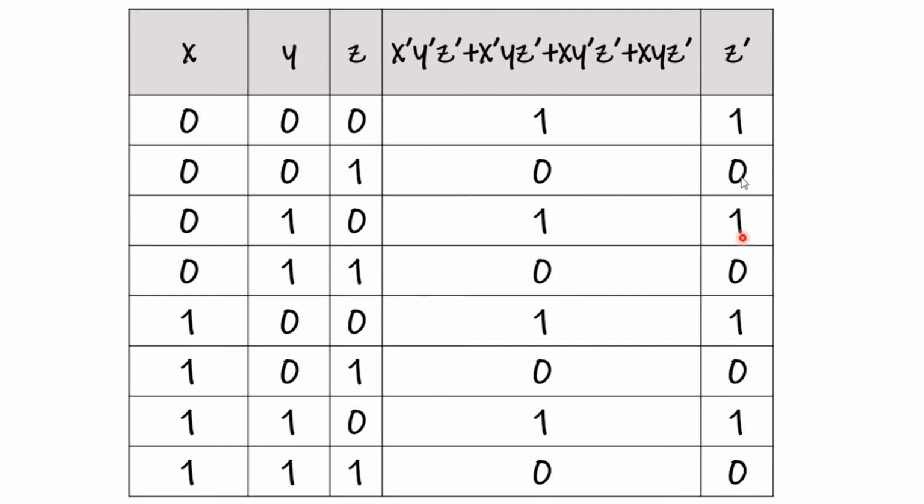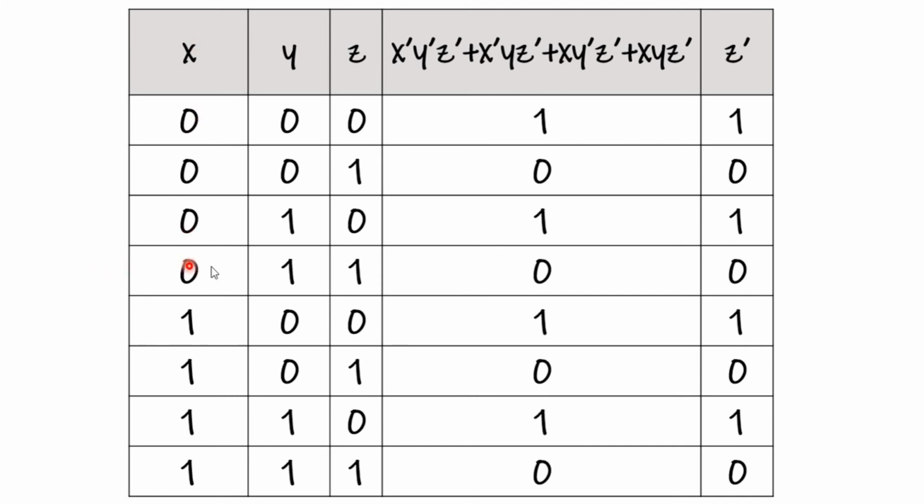Kukuha tayo ngayon ng sample ng possible combinations at tignan natin kung parehas yung result sa ginawa nating logic diagram. Try natin kunin yung 0, 1, 1 at 1, 0, 0.